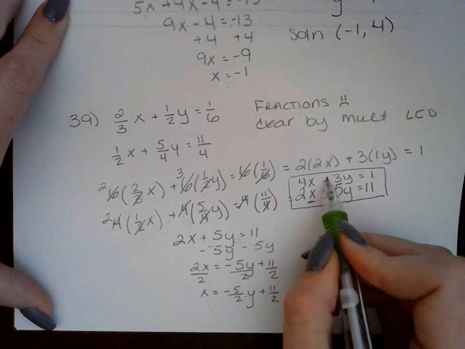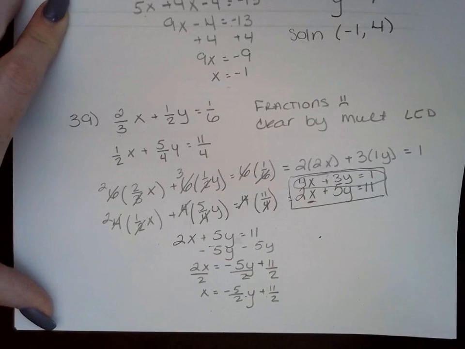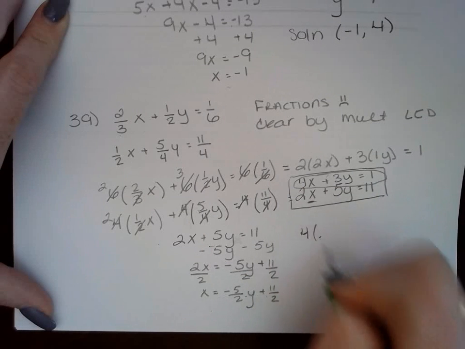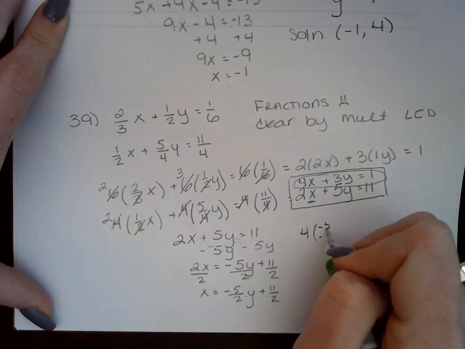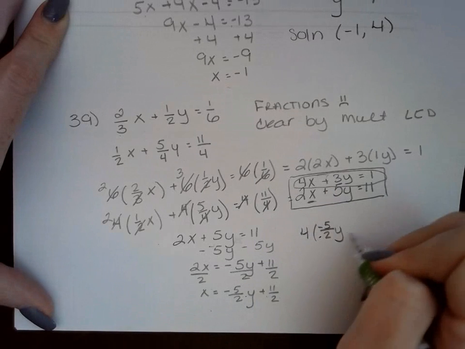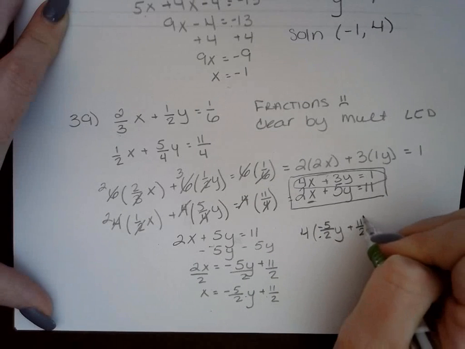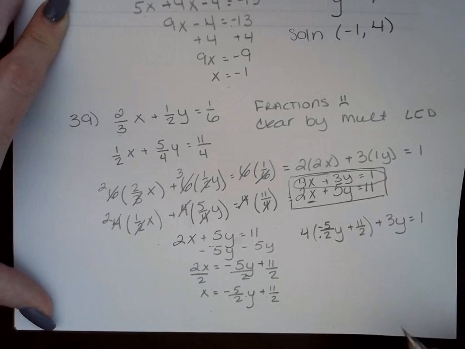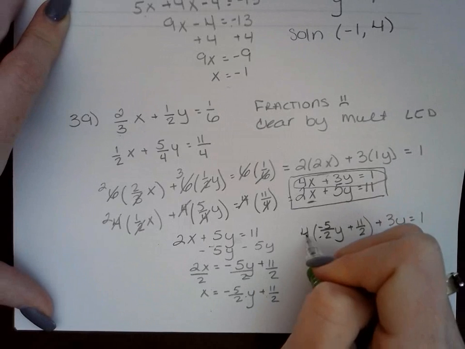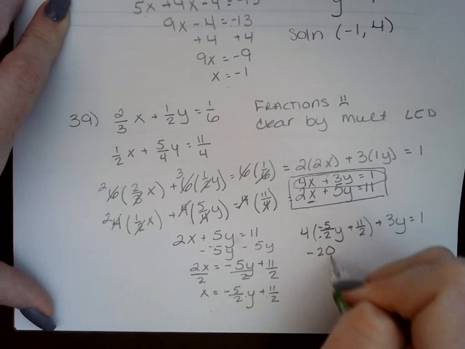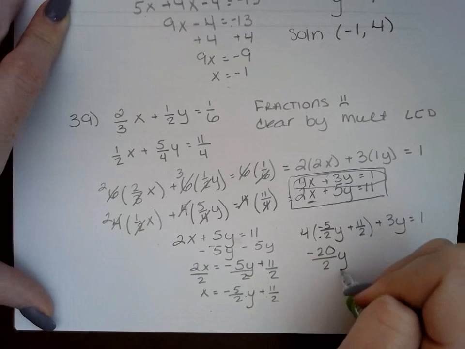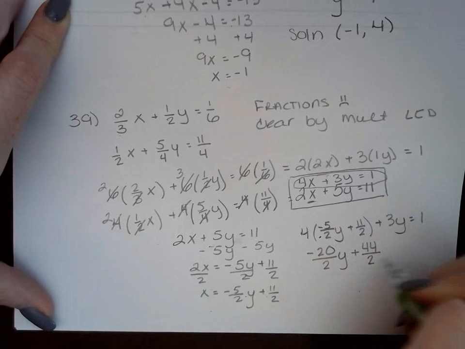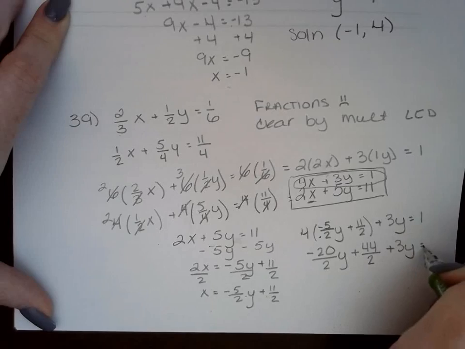We're going to substitute those into our first equation up here. 4x plus 3y equals 1. So we have 4 times our x, which is equal to this, negative 5 halves y plus 11 halves, plus 3y is equal to 1. Distribute. 4 times negative 5 is negative 20 over 2y plus 44 over 2 plus 3y is equal to 1.